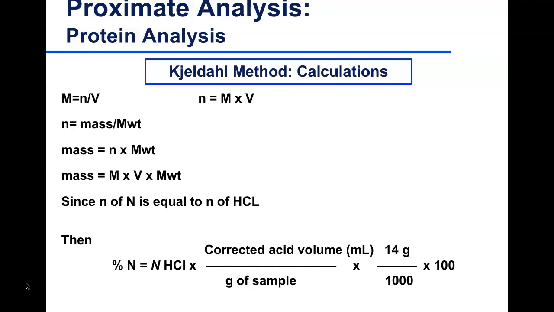We would also know the normality prepared because if we made the solution, and what's the last thing we know about nitrogen? Looking at these equations, you know that's molecular weight. Anybody know it? Want to shout it out? 14 grams per mole.